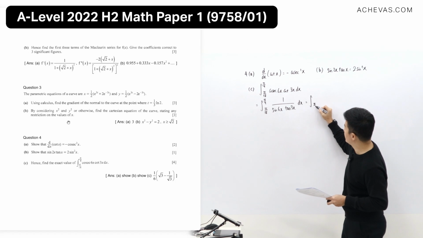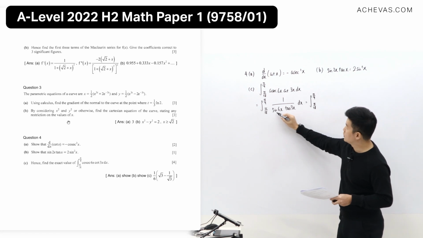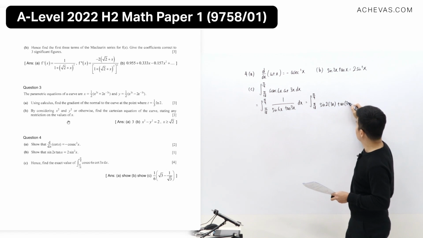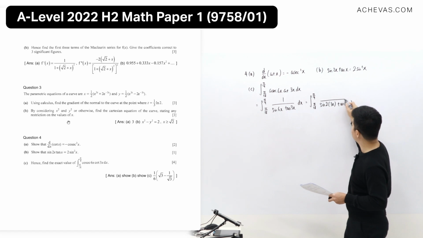Let me just rewrite this further. Here is pi over 9. So this, I will write as sine 2 times 3x. And then tangent, I will continue to write as 3x.